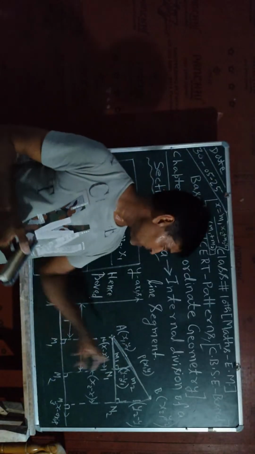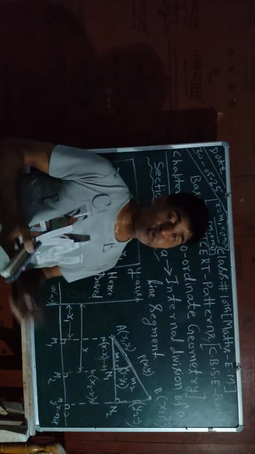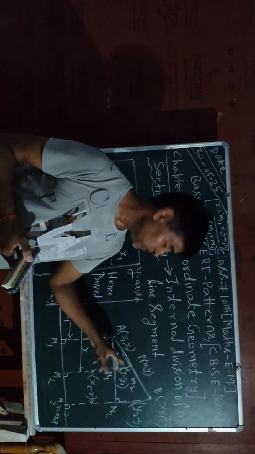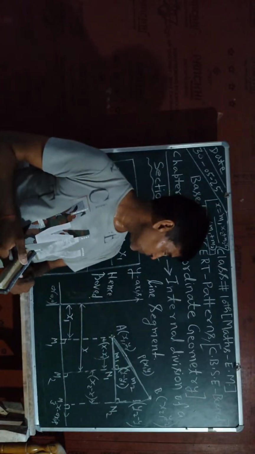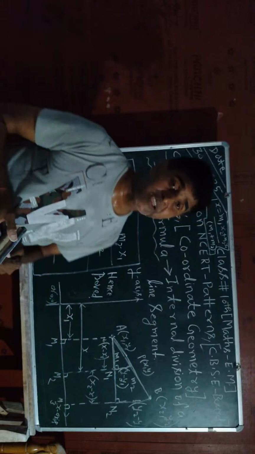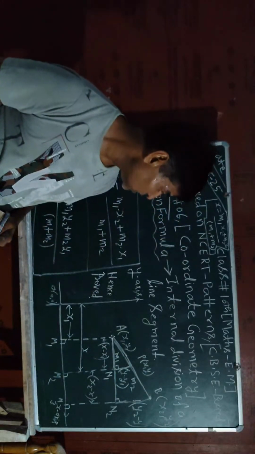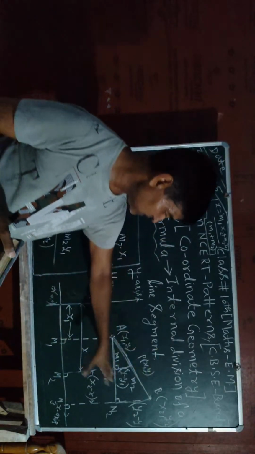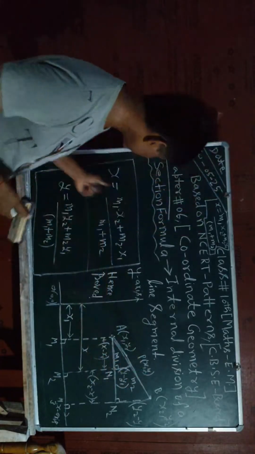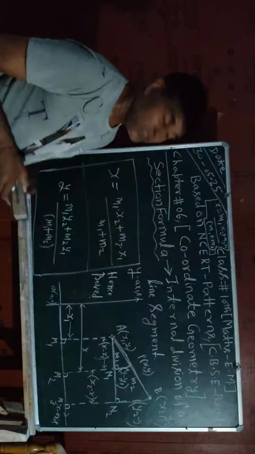I don't know the values of m1 and m2, so I have taken general values. Their domain will be from minus infinity to plus infinity. According to this concept I have used it, and then you get the value of x and the value of y.